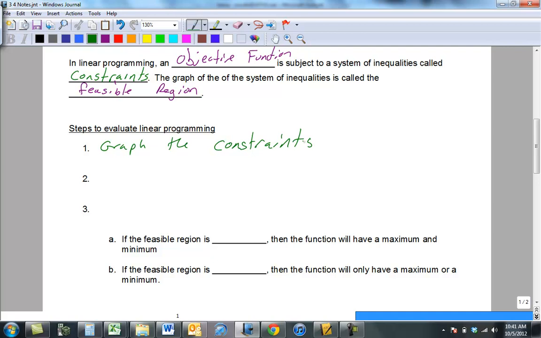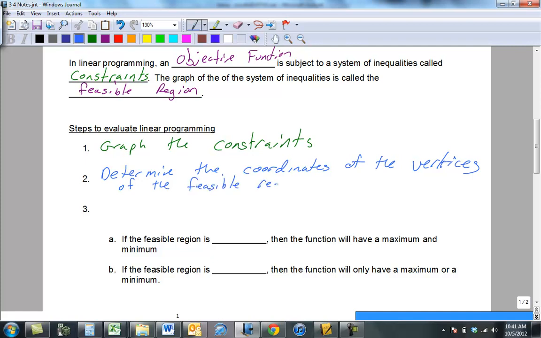All right. Then the next thing that you're going to do, step 2, is determine the coordinates of the vertices. I'm going to add a little bit more: determine the coordinates of the vertices of the feasible region.